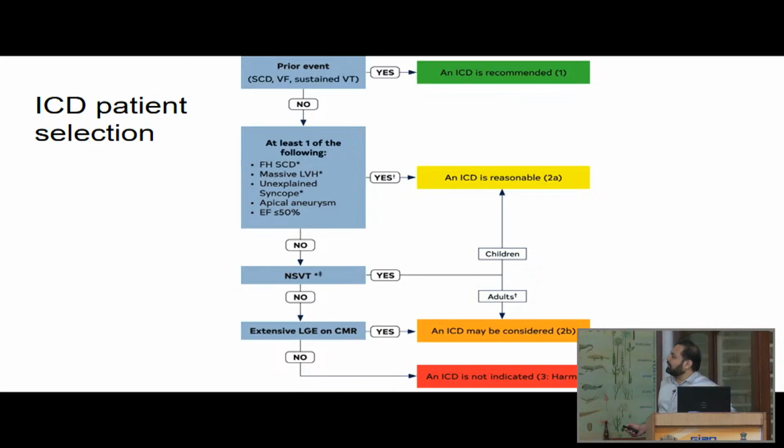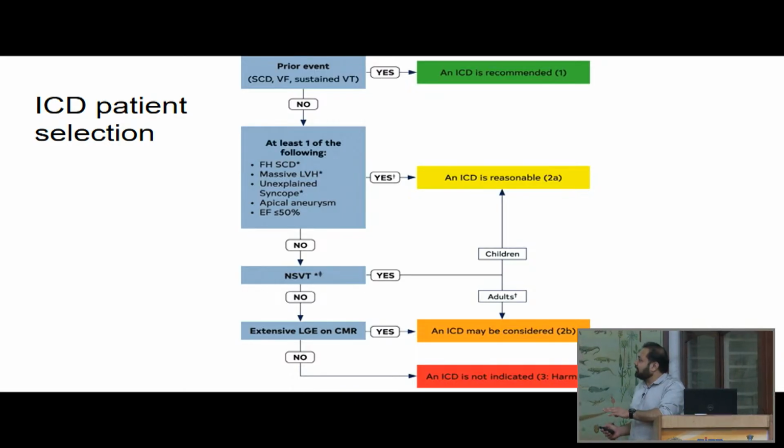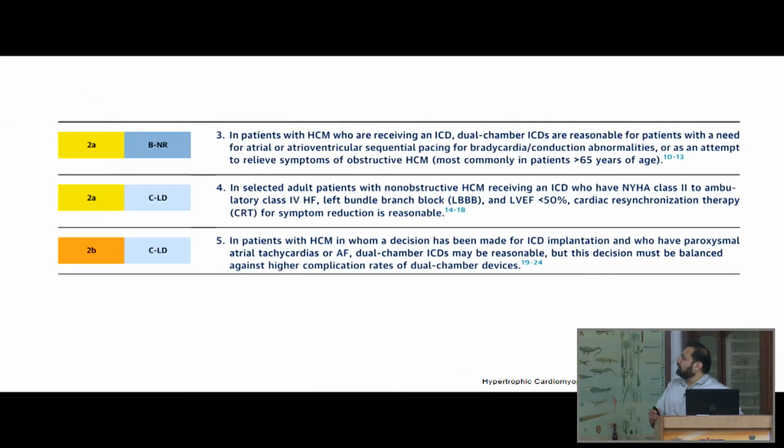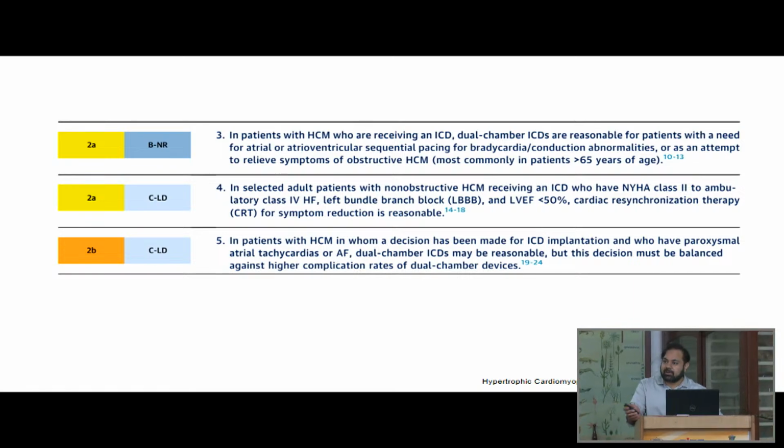If this is not present, if there is event of non-sustained ventricular arrhythmia, then again it is an indicator for ICD. If not present, we will do cardiac MRI. If cardiac MRI shows significant fibrotic burden, then again we go ahead with ICD. Okay. These are all like American College of Cardiology guideline. Whatsoever I have discussed, they have written same thing. Okay.